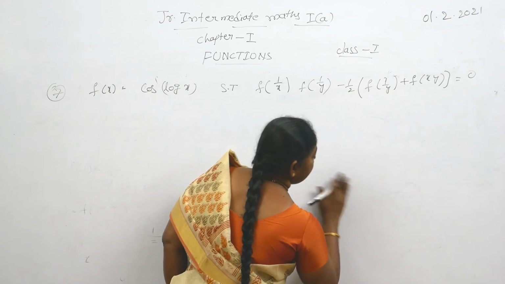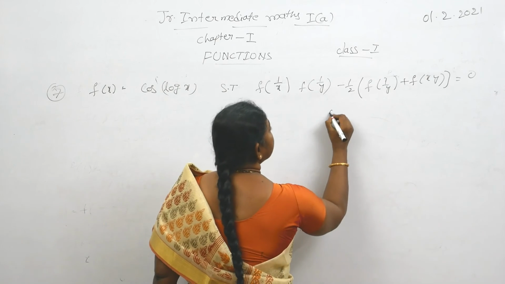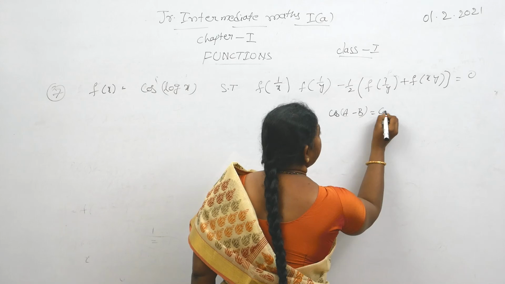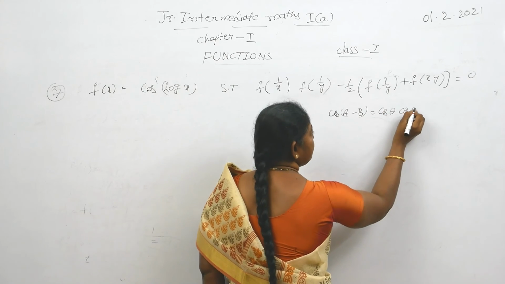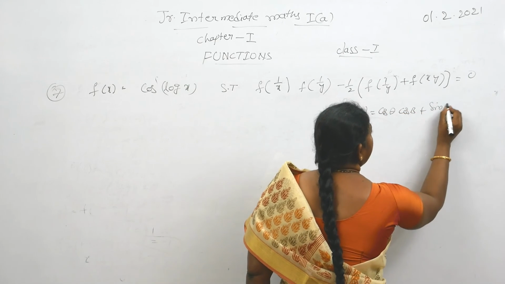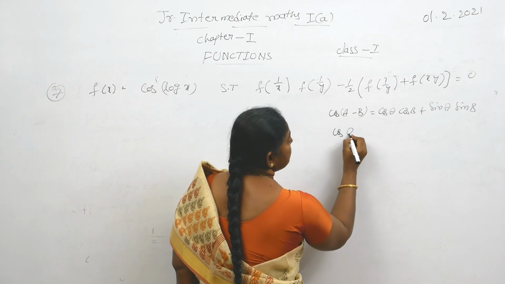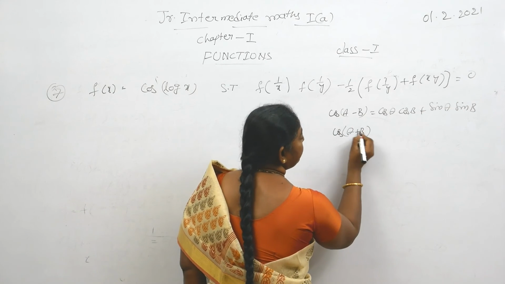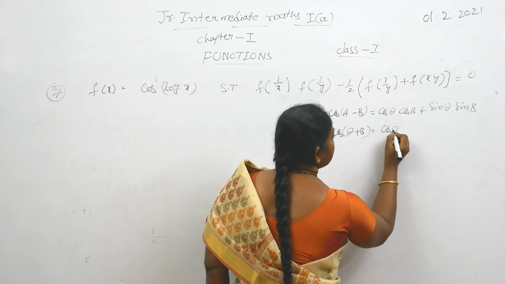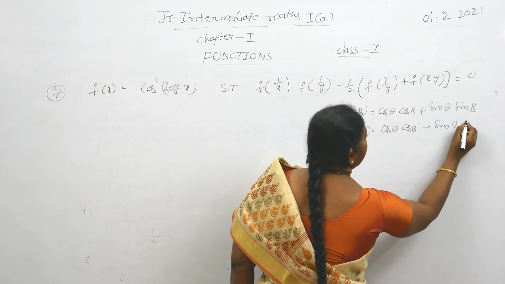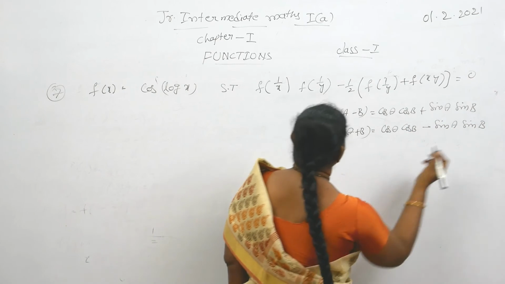First, in trigonometry some conditions are there. Suppose cos(a - b) = cos a cos b + sin a sin b. Like this, cos(a + b) = cos a cos b - sin a sin b.